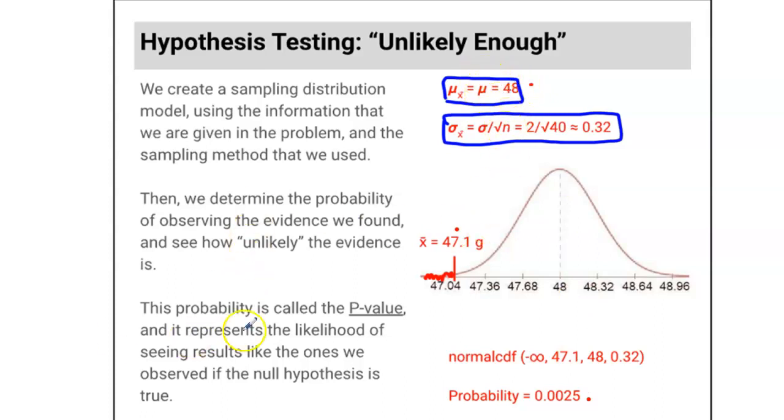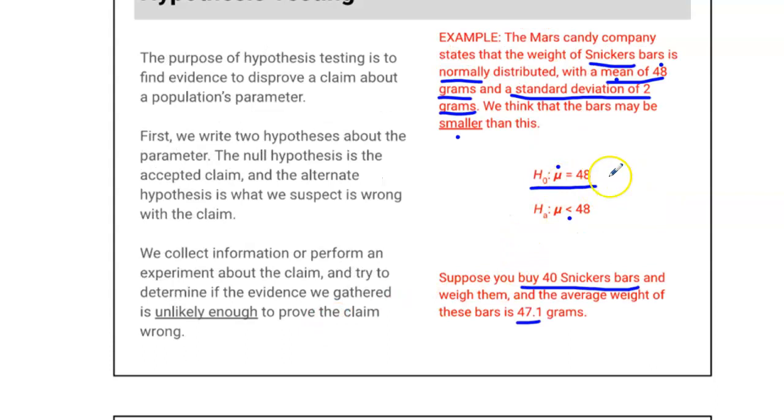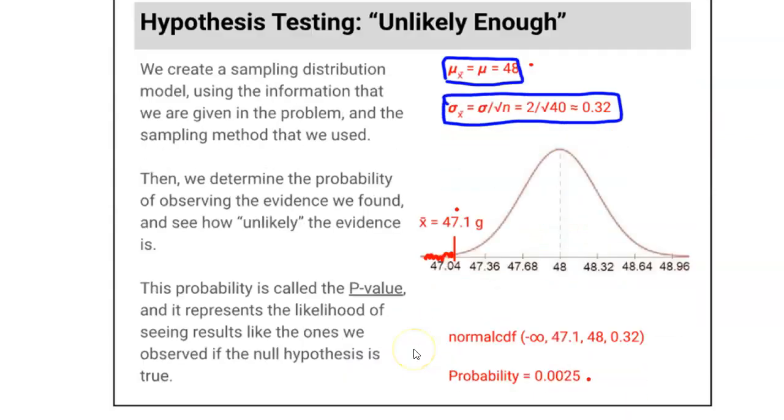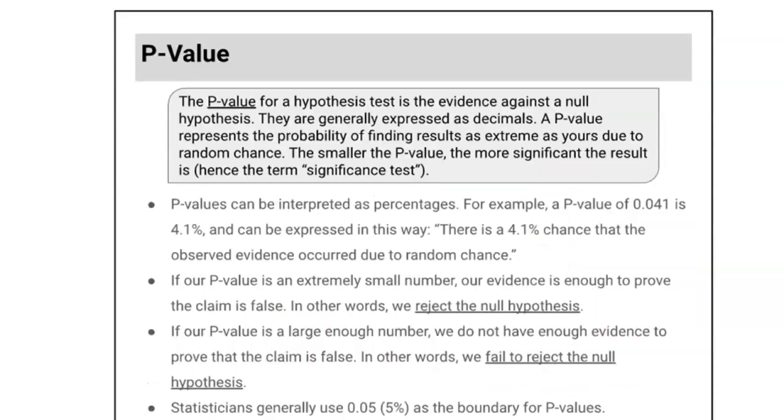So I can go back to my slide on the null hypothesis and say, I reject this null hypothesis. My evidence says that it's so unlikely that the mean is actually 48 that I simply reject the null hypothesis. I have evidence to suggest that the weight of these Mars bars is lower.